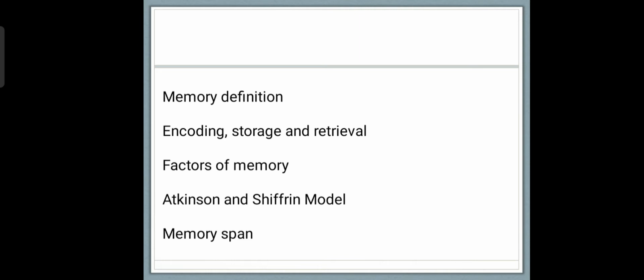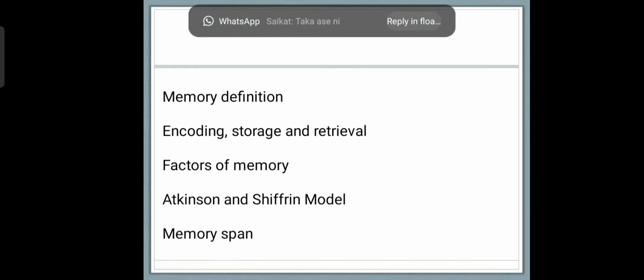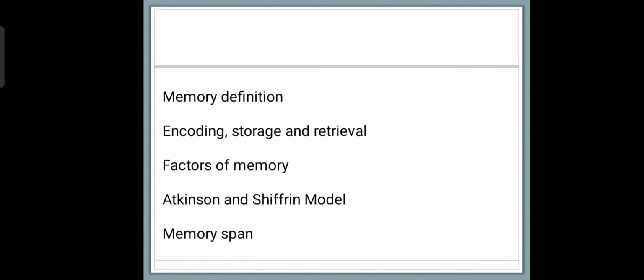So whenever the brain takes the information, that person takes it in its own way, and that is actually in the form of encoding. Why do we call it encoding? Because this information is encoded in a special way, and it's encoded in a language that is understandable to the brain. Okay.